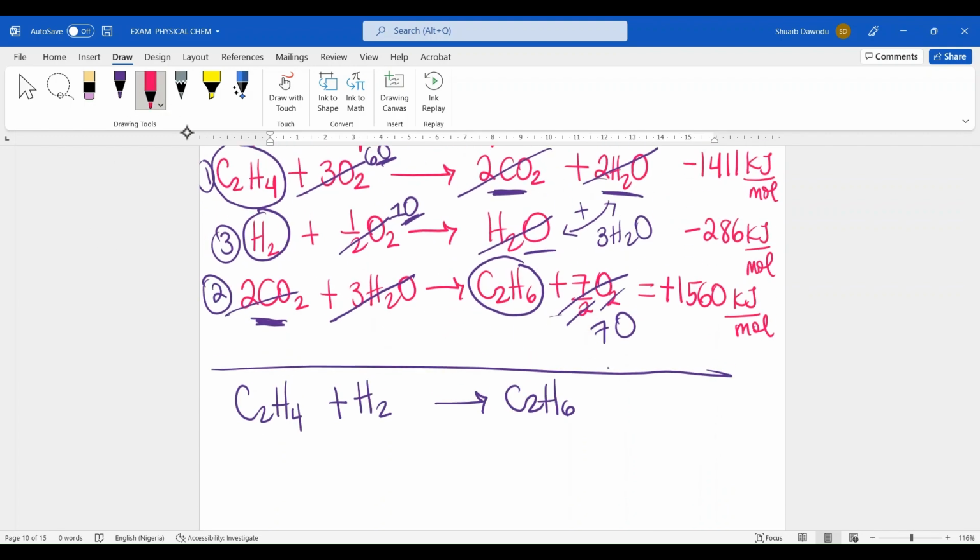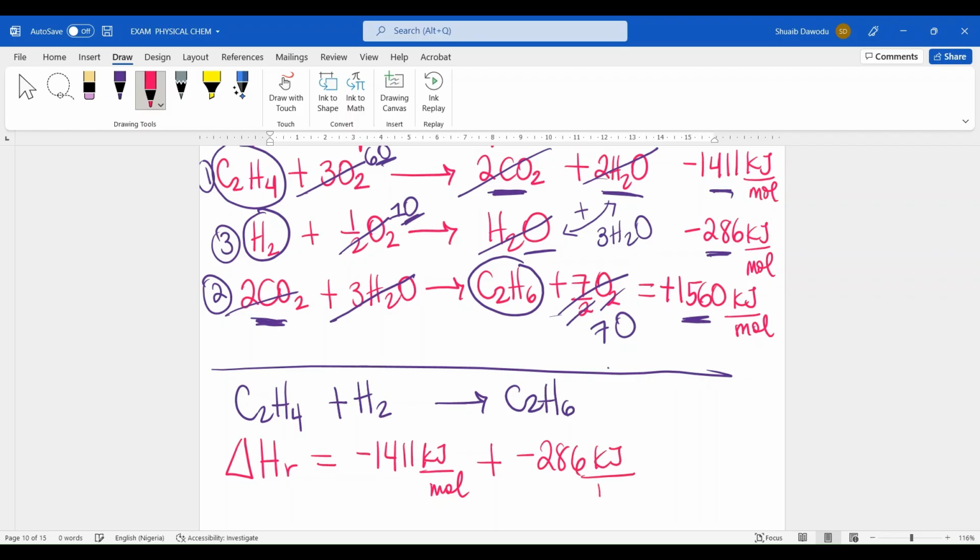So now to actually answer the enthalpy change question, the change in H of the reaction will just simply be the sum of these. So this one that we had manipulated based on how we had to work with each reaction, we'll bring them down. So that'll be negative 1411 kilojoule per mole, plus negative 286 kilojoule per mole, plus 1560 kilojoule per mole.